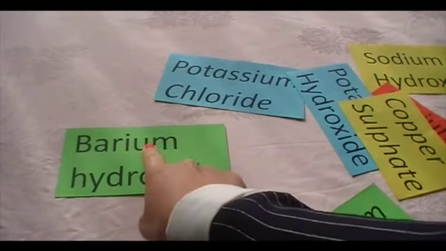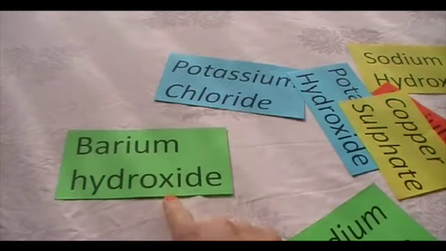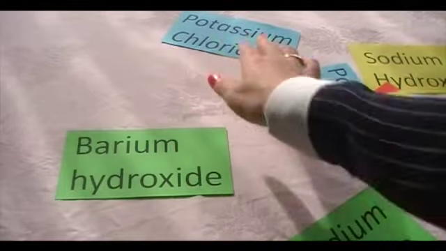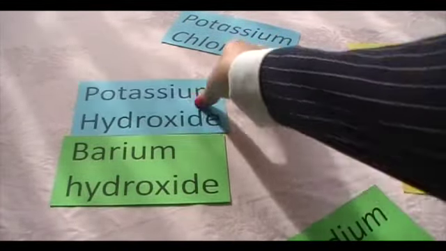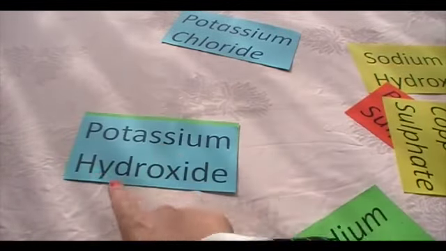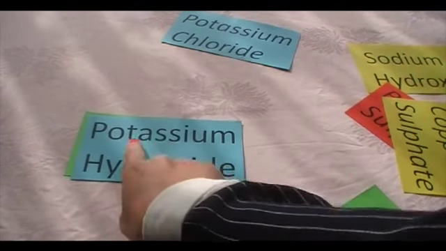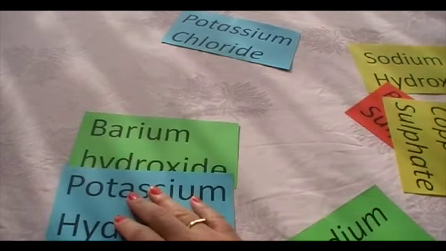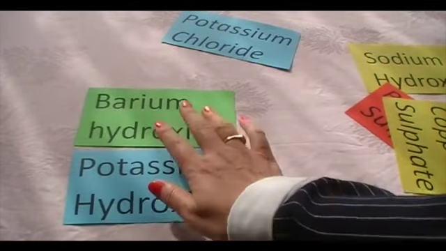That's a metal, barium. That's barium hydroxide. It is an alkaline. Any more? Potassium hydroxide. Again, hydroxide. That is alkaline. That's a metal, potassium. Potassium hydroxide, barium hydroxide, they are alkaline.